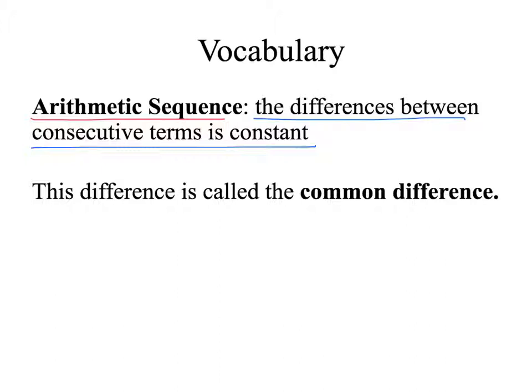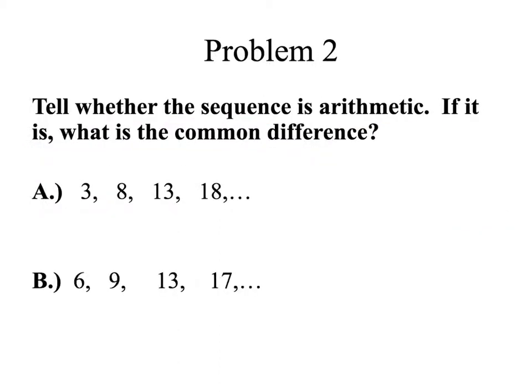Whether you're adding 5 or subtracting 5, that's called the common difference. That makes sense because that's what you're going up or down by. It's a common amount.